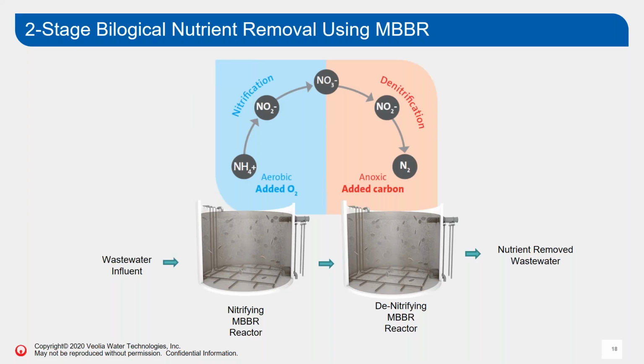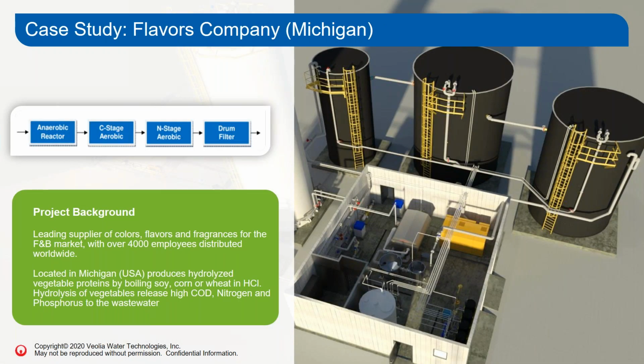So basically we're taking ammonia and we're providing enough oxygen for ammonia to be converted to nitrate and nitrite. And then we put it into a less oxygenated environment where through the process of denitrification, we're converting nitrate and nitrite into elemental nitrogen. So this picture is the basis for all of the nitrogen removal we will be talking about. And depending on your permit, it would be important to understand where you are in that picture.